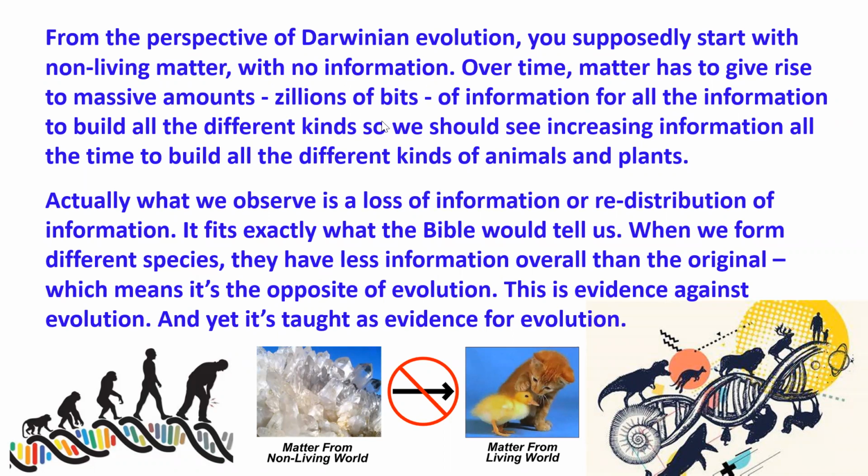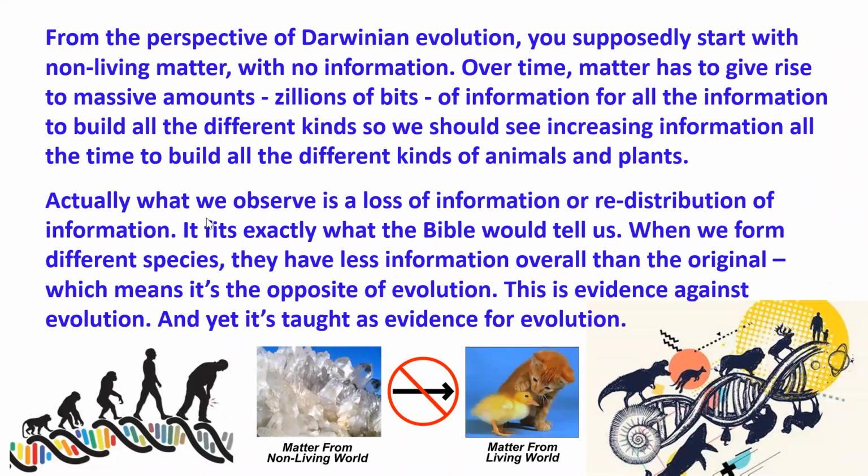You need to have your D, E, F, G, H, I, J, K genes of information to build all the different kinds of animals. So if that's the case, we should see increasing information all the time to build all the different kinds of animals and plants. If you talk about evolution, something new has to be added.